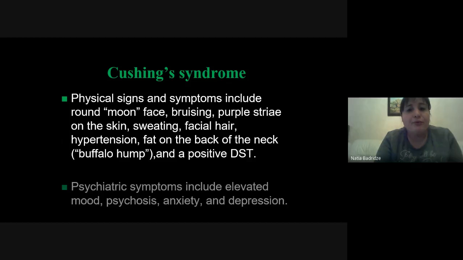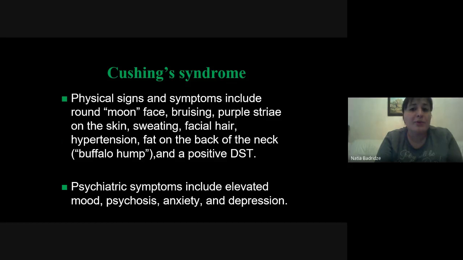Another type of endocrine system disorder is Cushing syndrome, which also has psychiatric symptoms. But first, I want to mention the physical signs. The specific characteristic sign is the round moon face during Cushing syndrome.